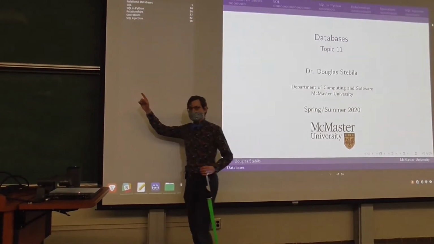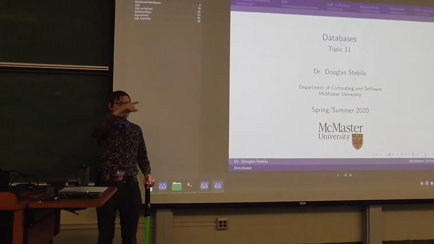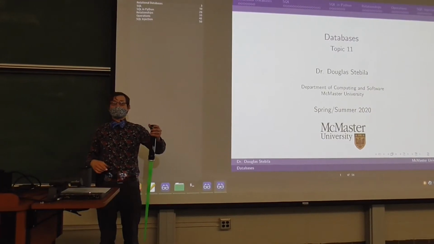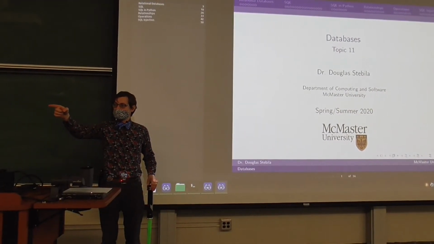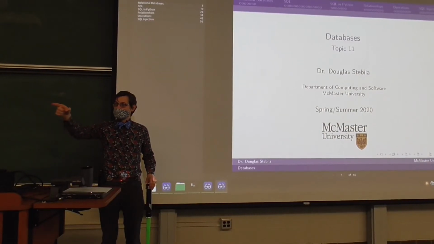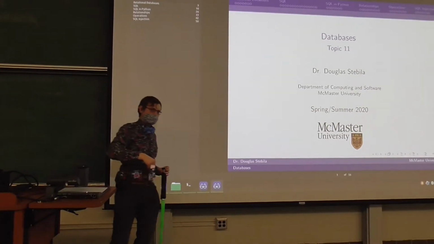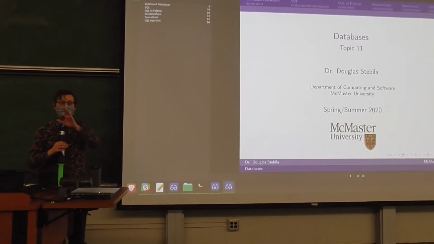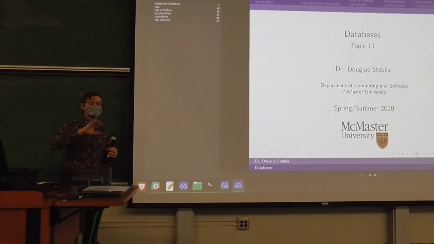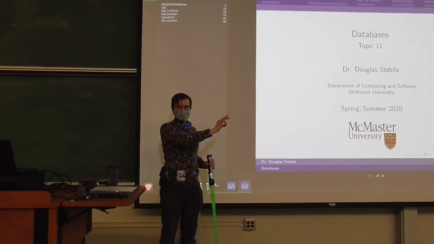So, does anybody know what the word atom means? Very small. Not quite, actually. Isn't it derived from the Greek word for the smallest thing? Yeah, it's indivisible is what atom means, right? It's the smallest thing which is indivisible. But we're not concerned with atomicity meaning small. We're concerned with it meaning indivisible.